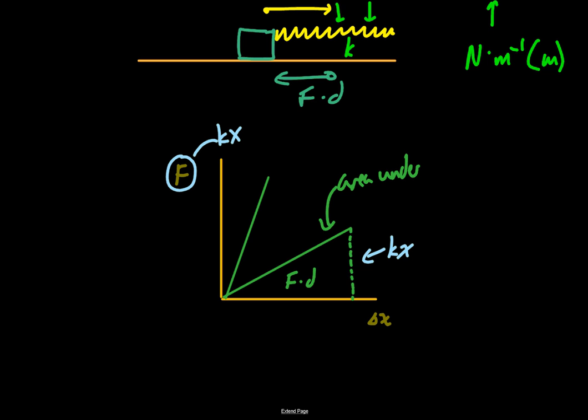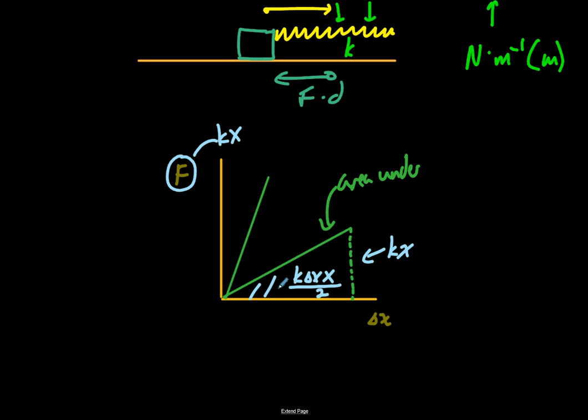Instead of force, we'll put K delta X in there, times X, right? So we've got Kx times X, and since it's triangular, we need half of that.